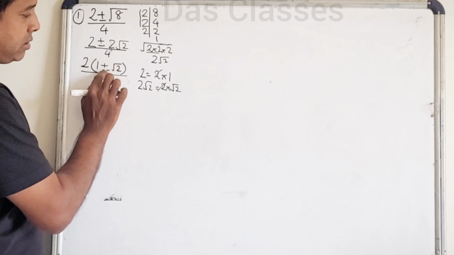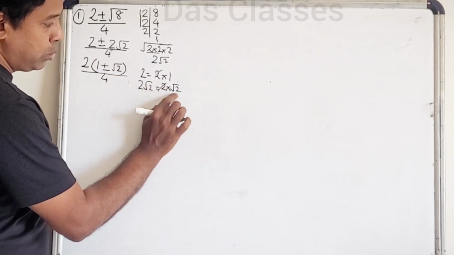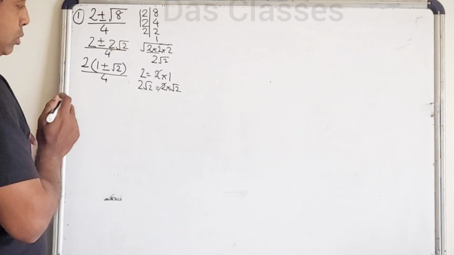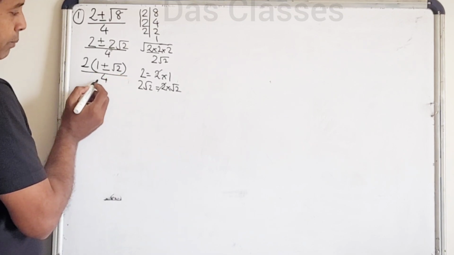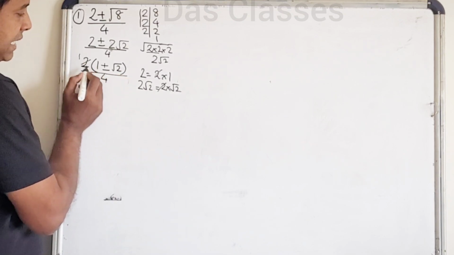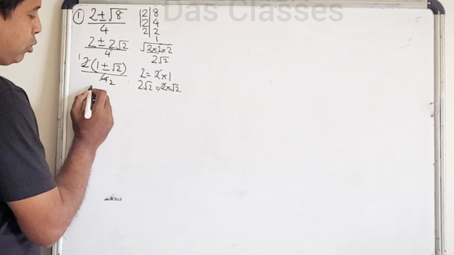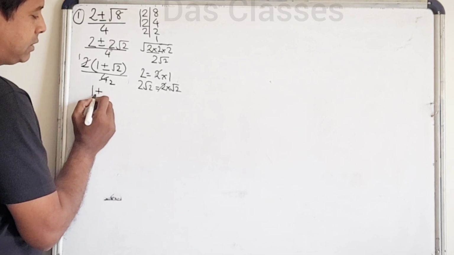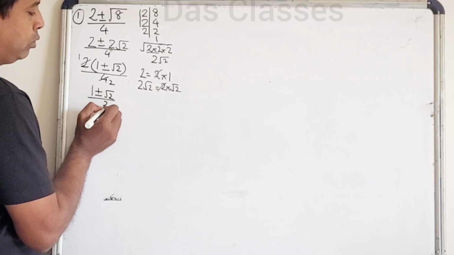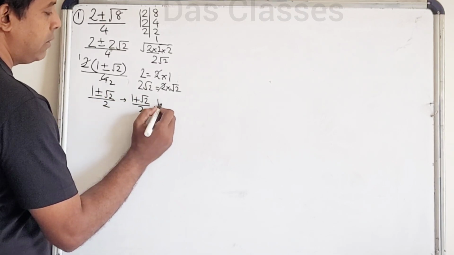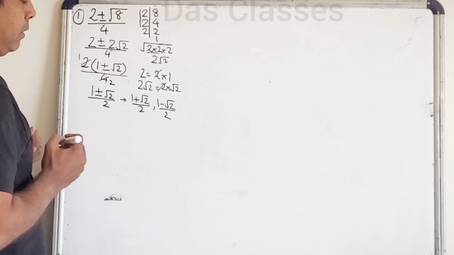Then there's the plus-minus, which I wrote down, and in 2√2, √2 is left, so I wrote √2 in the bracket, upon 4. Now we can cancel this: 2 ones are 2, 2 twos are 4. So the final answer is (1 ± √2)/2, which means (1 + √2)/2 and (1 − √2)/2.